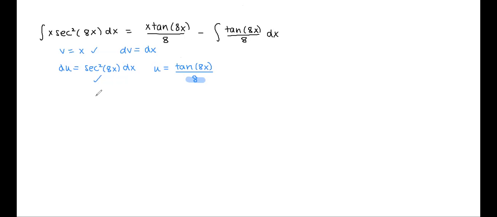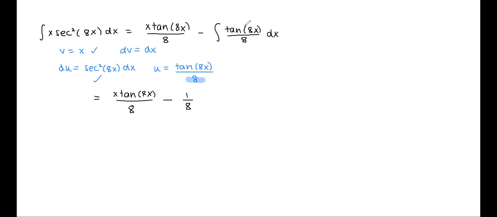At this point, the first term is not going to change, and the only thing that is going to change is the second term, which now I have to integrate separately. So this is going to be x times tangent of 8x divided by 8. And the second term will be 1 over 8. I'm going to put the 1 over 8 in front, and then I can take the antiderivative of just tangent of 8x.